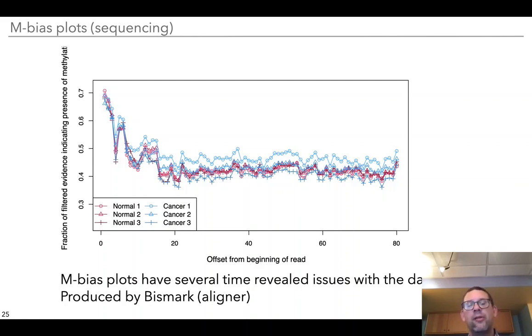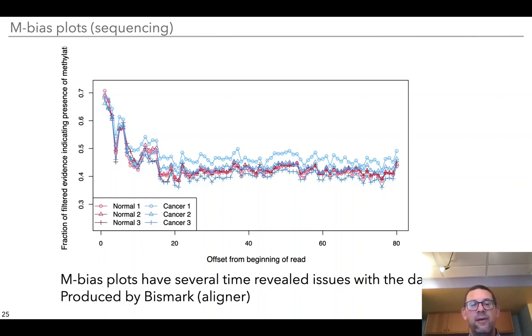We really want the plots to be flat. The level of the plot can be a little sample dependent, but they really ought to be flat, assuming that everything is random, with the shearing and everything working well.